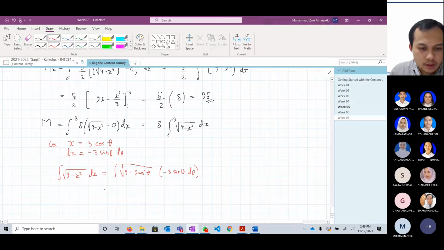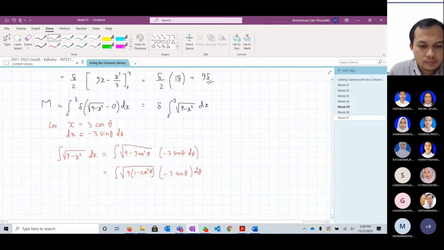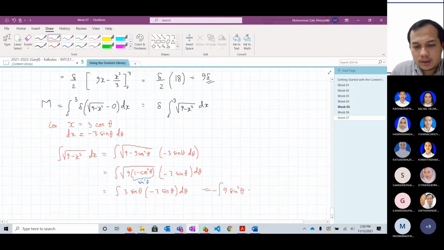This is equal to the integral of square root of 9 times 1 minus cosine squared theta times minus 3 sine theta d theta, which is the integral of 3 sine theta times minus 3 sine theta d theta, because 1 minus cosine squared theta is basically sine squared theta.